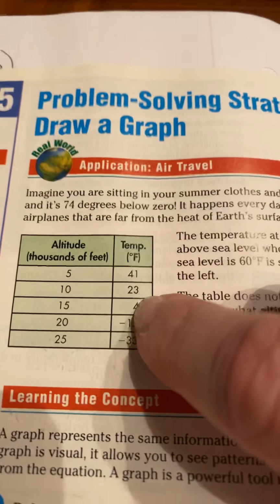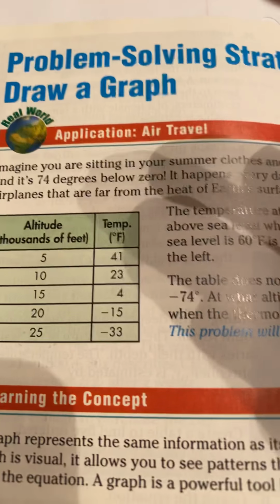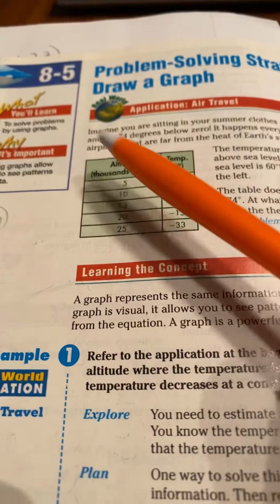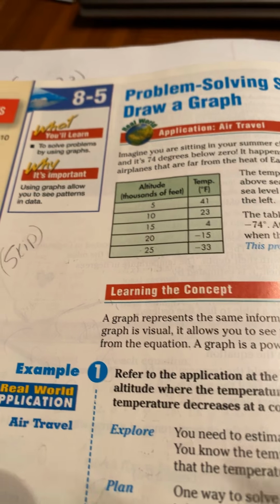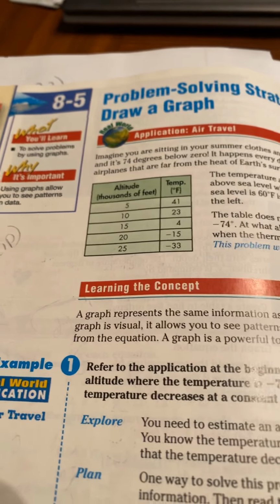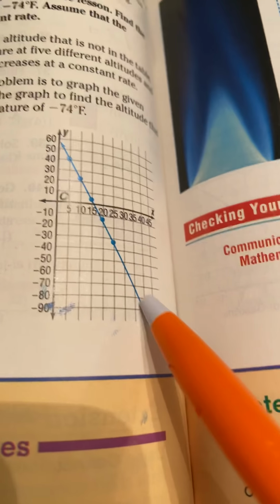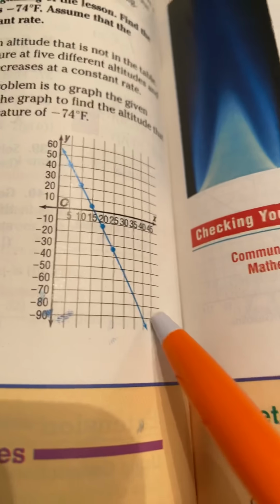The only thing is they'll just talk about how they have a chart here, and rather than giving you a chart, they're going to want you to do a graph like this because it's easier to see. Sometimes with a chart like this, you can't see trends and predict what's going to happen. And like down here, we could predict things because this line would keep on going. Okay, so we could predict what's going to happen.